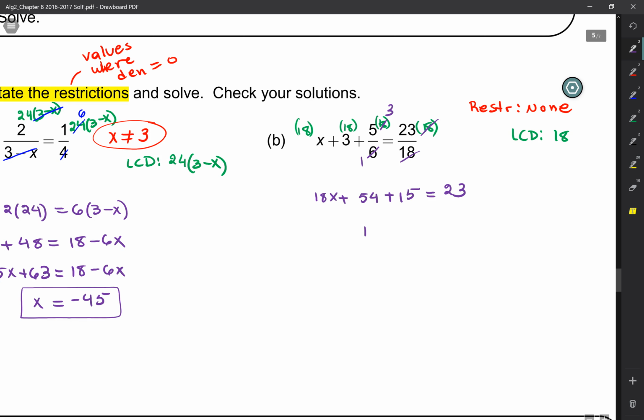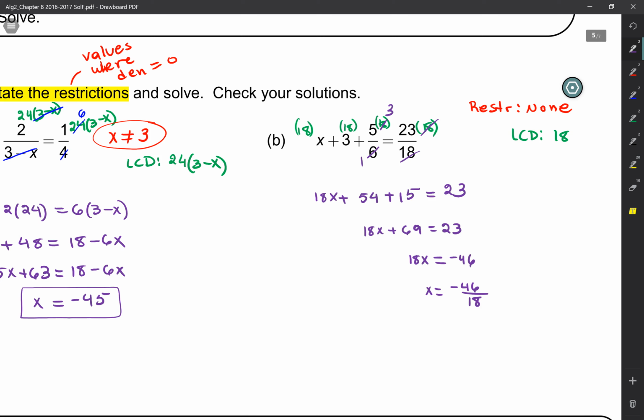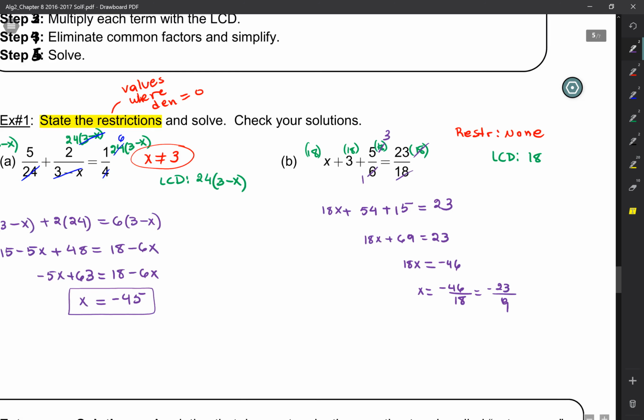So now I have 18x plus 69 is equal to 23. 23 minus 69? Negative 46. And what do we get when we do that? Negative 23 over 9 is all you can do. Negative 23 over 9. Okay? Awesome.